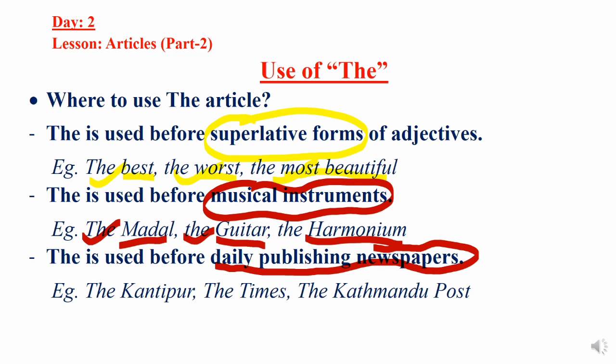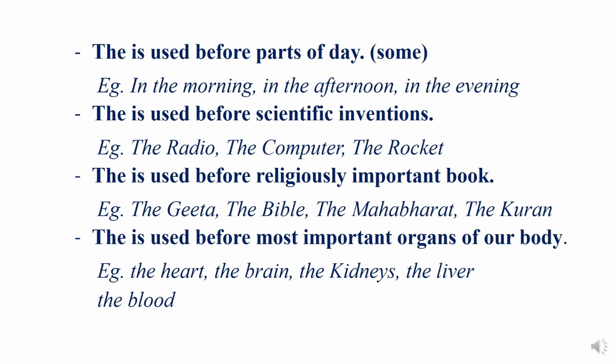So in the context of Nepal, the Kantipur, which is a daily publishing newspaper, the Times, the Kathmandu Post. These are the daily publishing newspapers. You can remember other daily publishing newspapers also. You can use the before them.